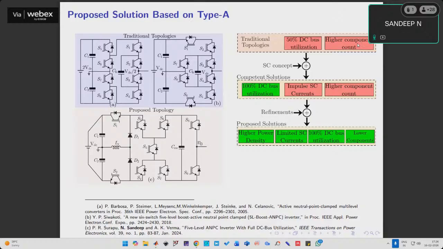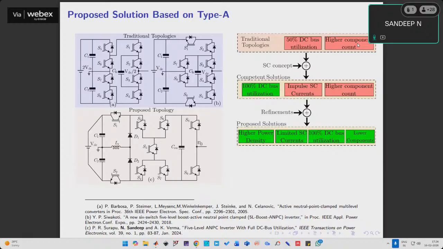Now, why is this higher component count? From where did this higher component count come into the picture? Basically, we want the inverter to generate a multi-level waveform. An H bridge can generate a three-level voltage, 0, plus VDC, minus VDC.